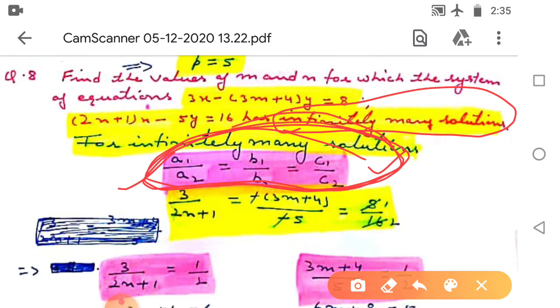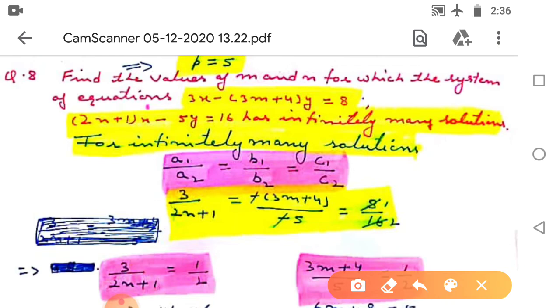Clear? So after putting the values of a1 and a2, this is 3 upon 2n plus 1, and b1 is minus (3m plus 4).